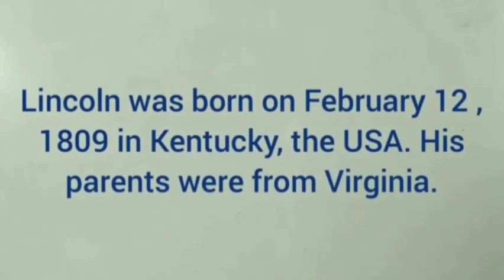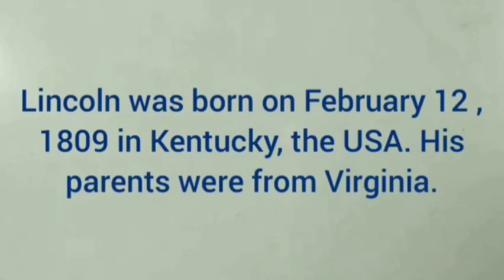Here you will get some personal information about Abraham Lincoln. That is, Lincoln was born on February 12, 1809 in Kentucky, the USA. If you are asked where he was born, you have to answer Kentucky. In which year? Yes, tell me.